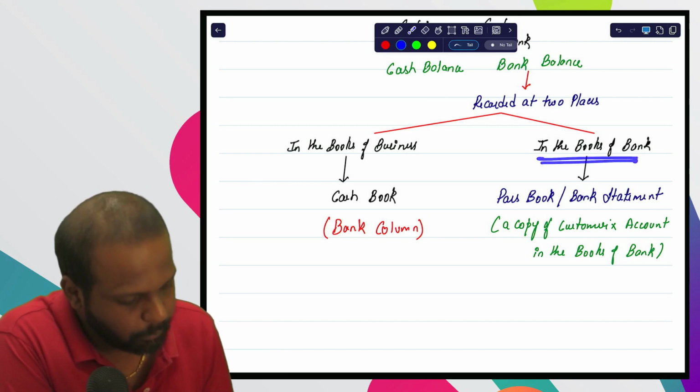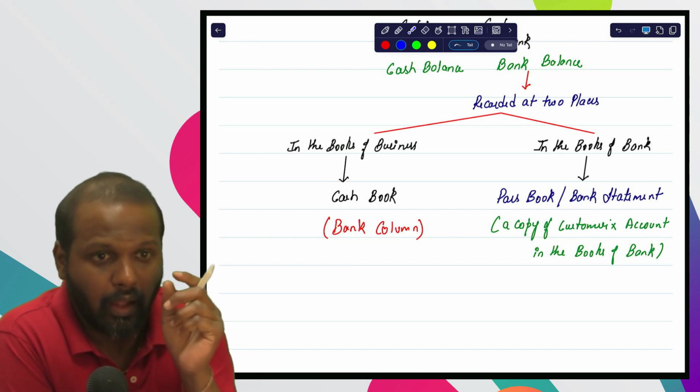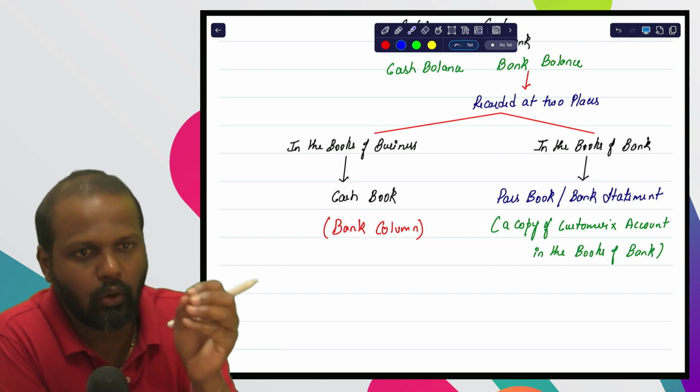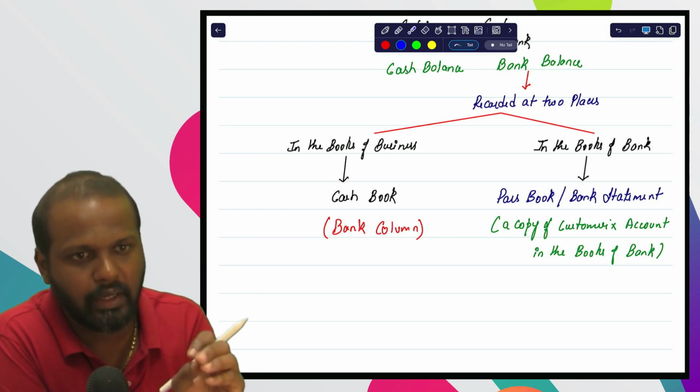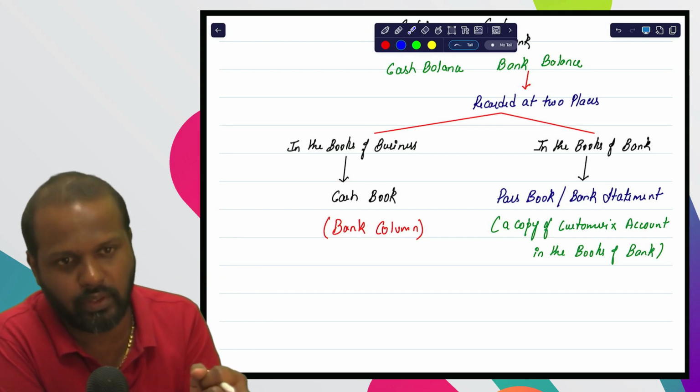Even in the books of the bank, all banking transactions are recorded. And if we ask the bank to give a copy of the accounts maintained by them, they are going to give us a copy of that.